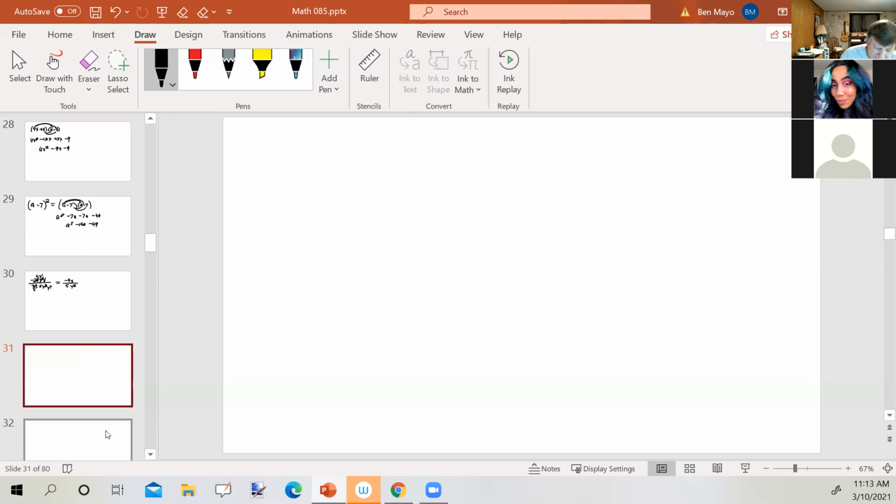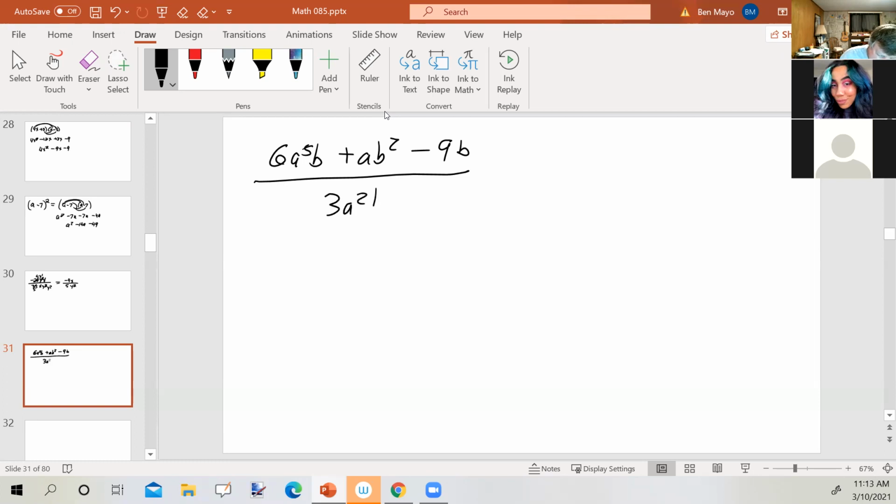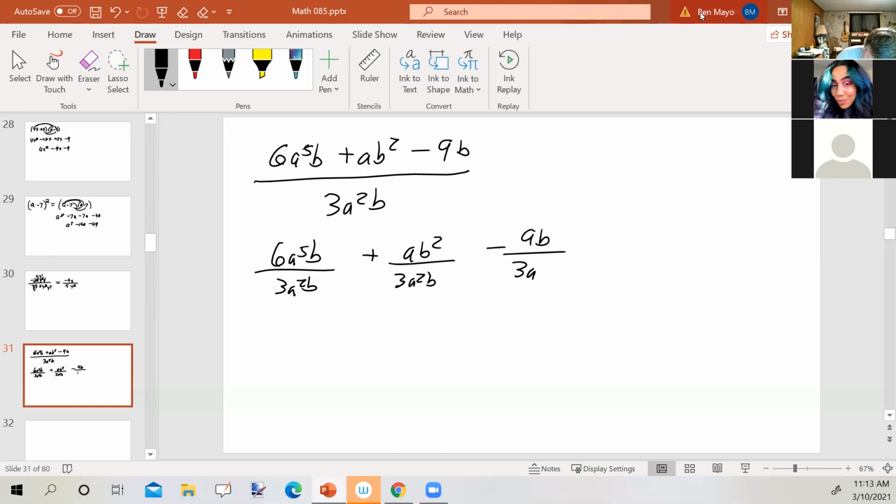All right. If we have a polynomial, 6a to the 5th b plus ab squared minus 9b, divided by a monomial, 3a squared b, we take each term in the numerator and divide it by the term in the denominator.